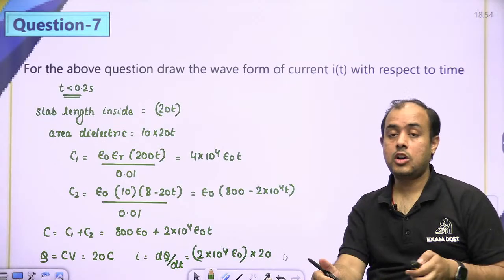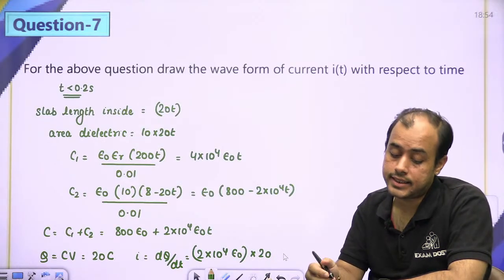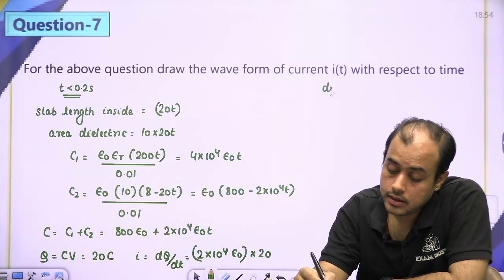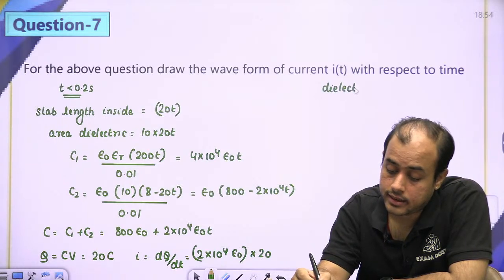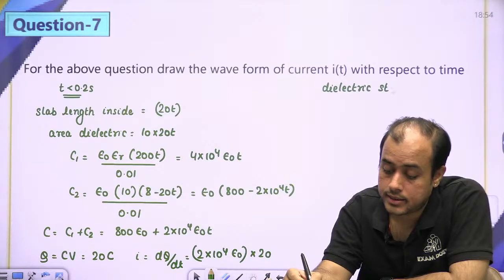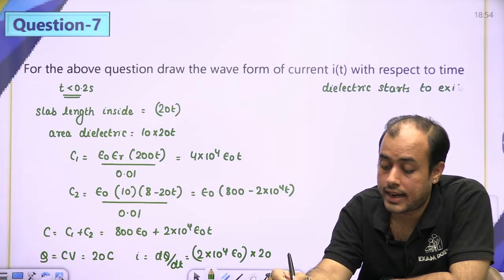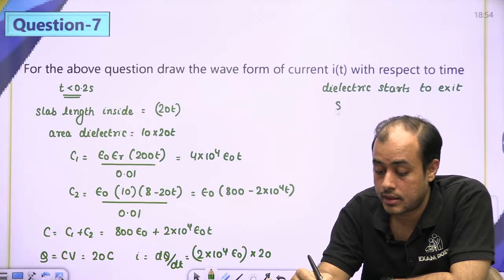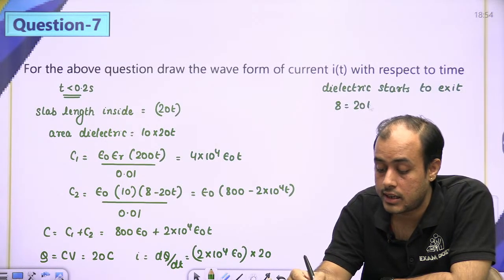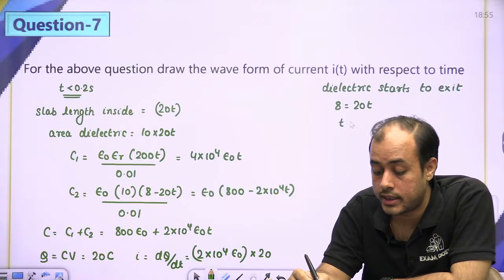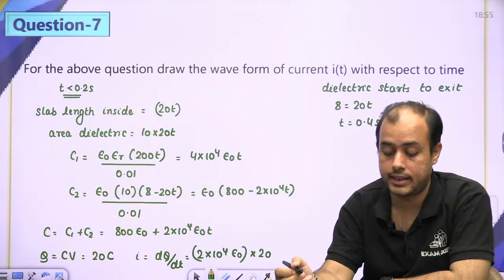Okay. Now beta, when will it start exiting? When does dielectric start to exit? When it travels the entire length. Distance traveled 8 equal to 20t, so 0.4 second.